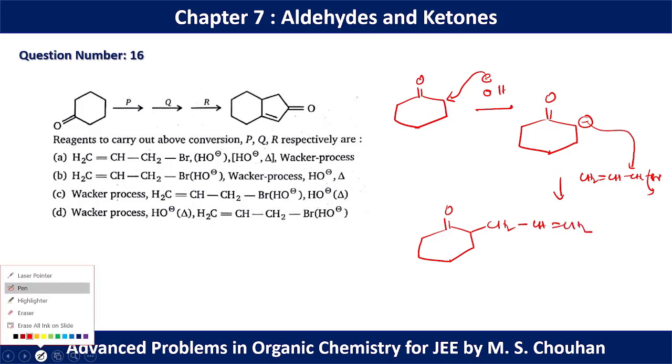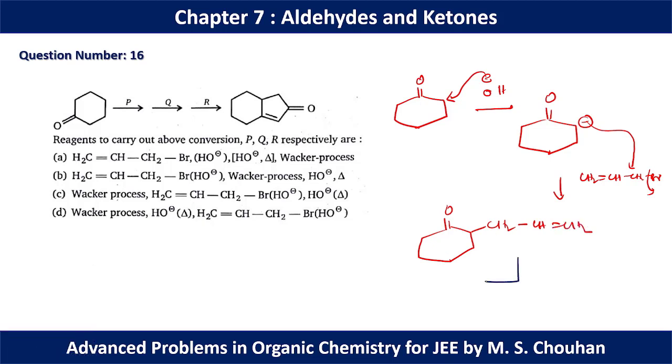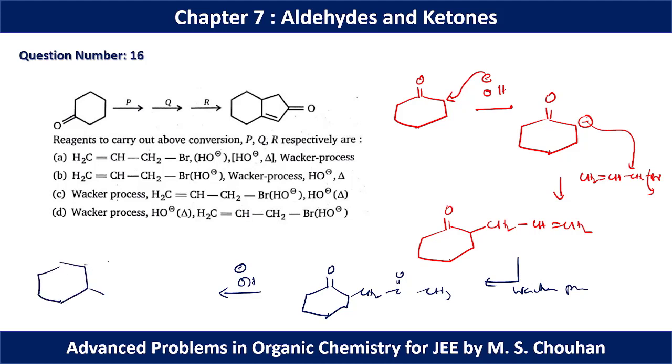Now if we perform the Wacker process, we can have a final molecule like this. Now in the basic medium, it can perform the aldol reaction, intramolecular aldol reaction, and finally we can have our desired product which will look like this.